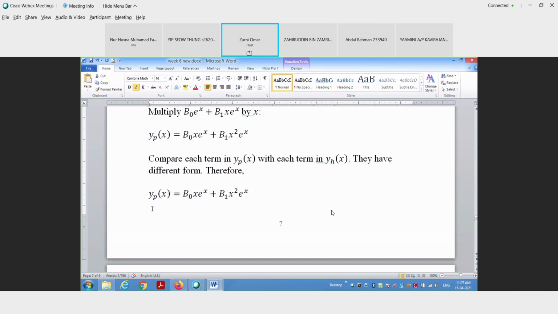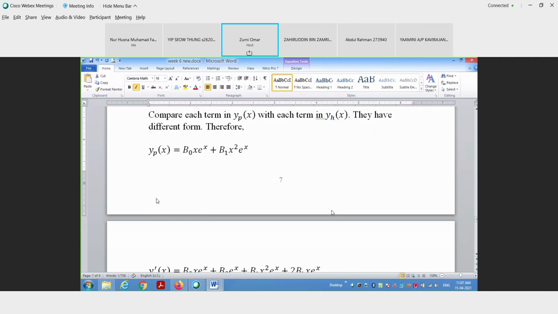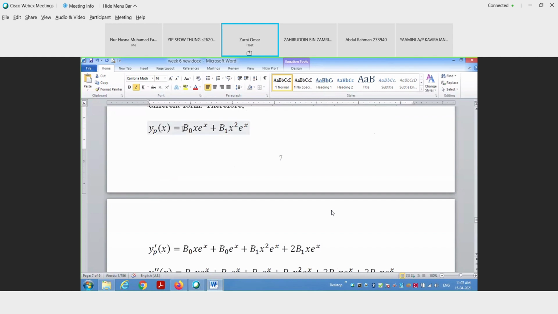Next, we need to find the first derivative of yp. To differentiate b0 x e^x, we need to use the product rule, because x appears here and also there. So the derivative of b0 x e^x will be: maintain b0 x, differentiate e^x, you have e^x, and then you maintain b0 e^x, differentiate x, you get 1.